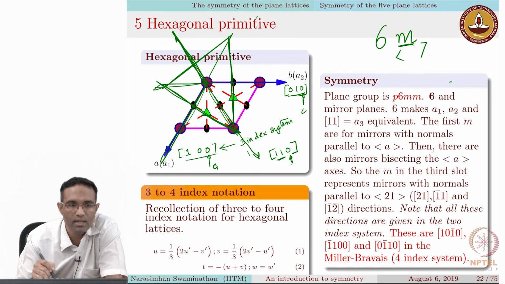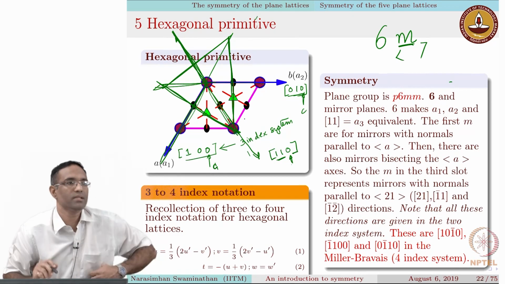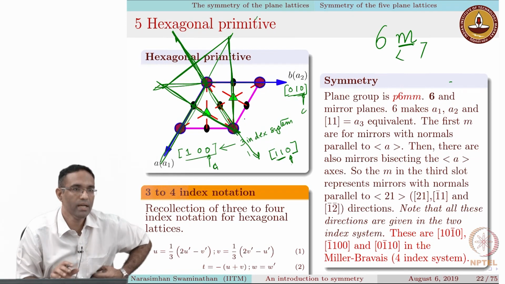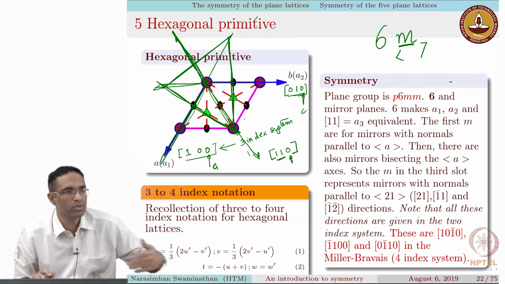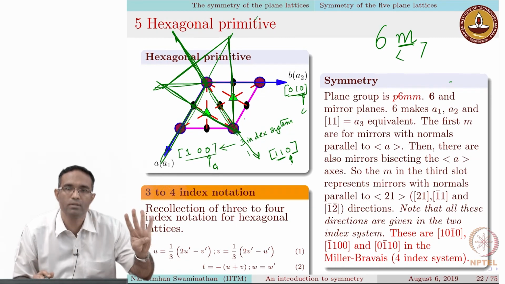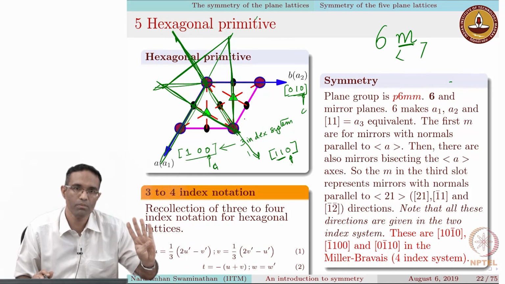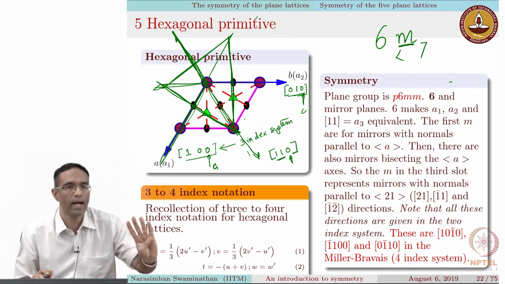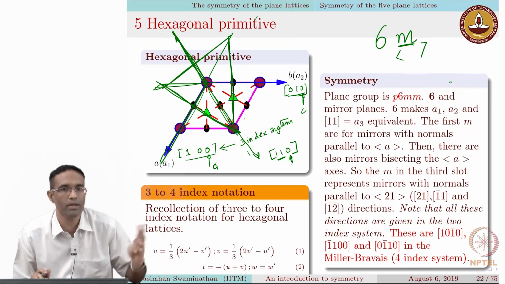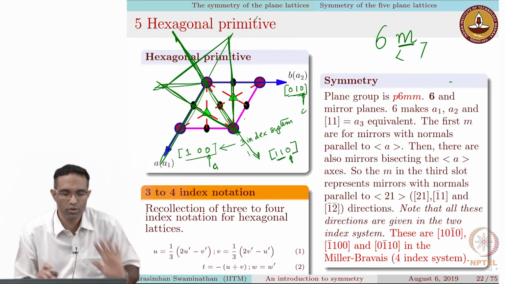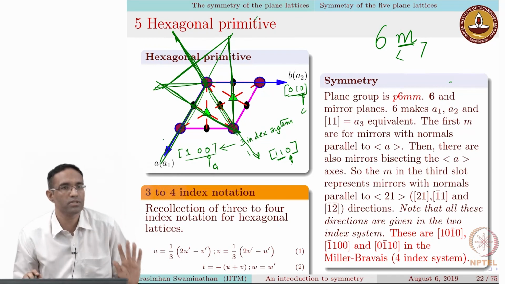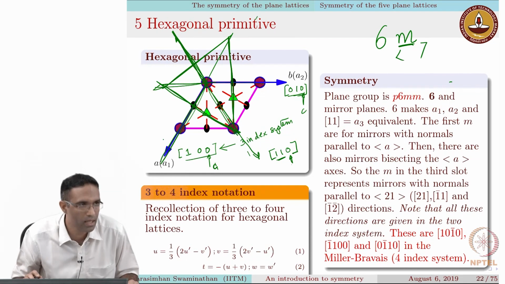So the same equivalent directions don't have the same set of indices. Consequently, we have to resort to what is referred to as a 4-index system in order to address this problem. If you do that using a specific formula which you might have studied, you will make sure that all the equivalent directions have the same set of all 4 indices.